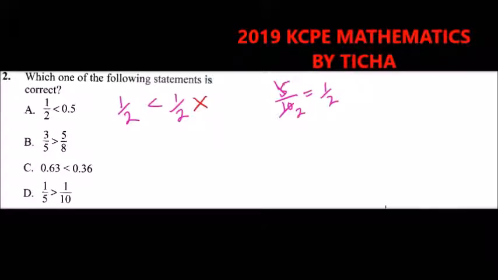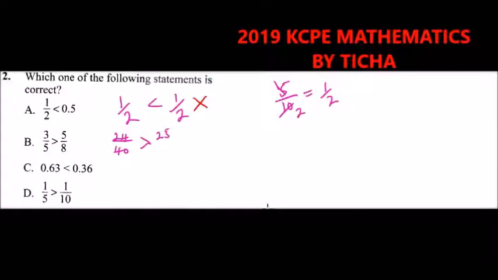We come to the second one. These are fractions. So for us to understand whether the statement is correct, you write the fractions under a common LCM. LCM of 5 and 8 is 40. So 40 divided by 5 is 8, 8 times 3 is 24, is greater than 40 divided by 8 is 5, 5 times 5 is 25.